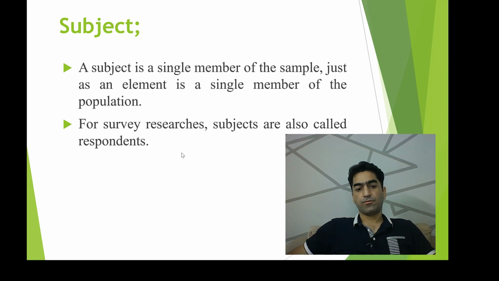Here we can also reasonably say that all the subjects are also the elements, but all elements cannot be the subjects, because the subjects are drawn from the elements or the group of elements, but only some are going to be selected as subjects. So it means only a limited number of elements are going to be the subjects.